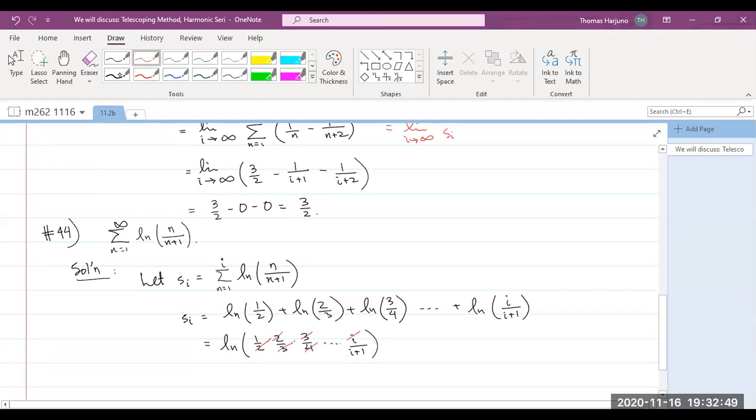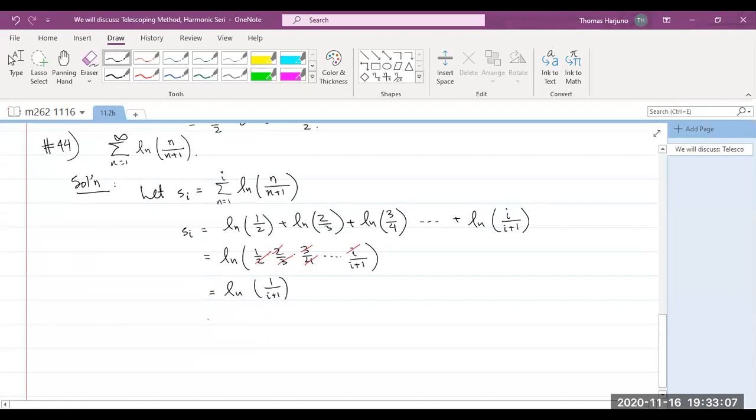With i terms, I will have natural log of 1 over i plus 1, which actually equals negative natural log of i plus 1. Remember, 1 over i plus 1 is i plus 1 to the power of negative 1, right?